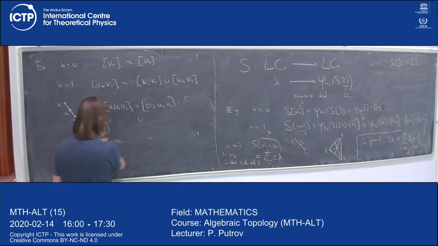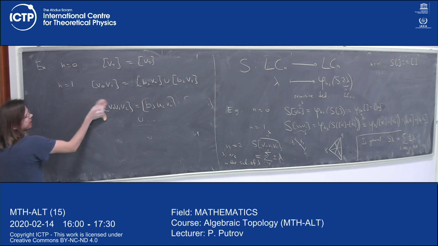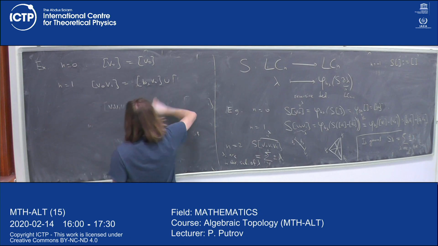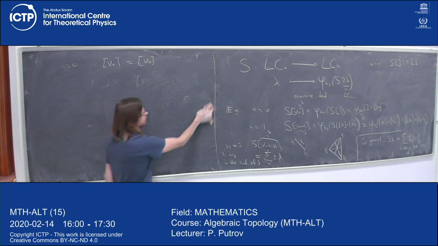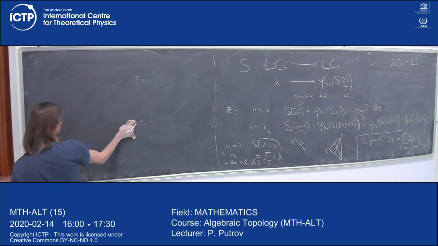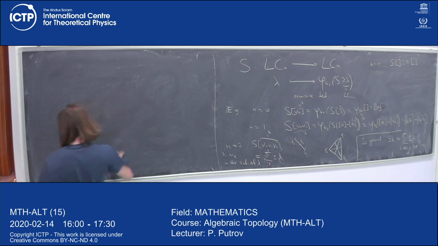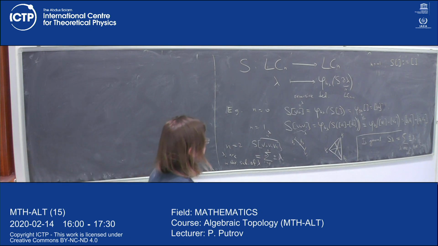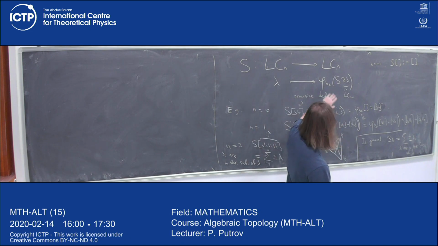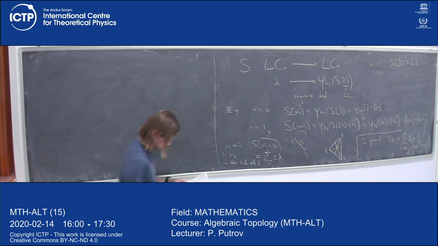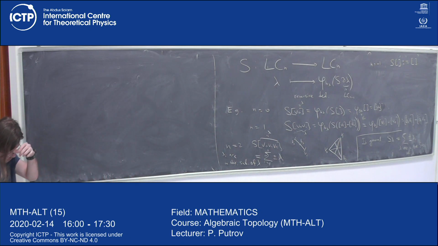So this S operator divides your simplices into smaller simplices according to the barycentric subdivision, but the result has particular weights, plus or minus 1. And the signs are fixed by this explicit formula.